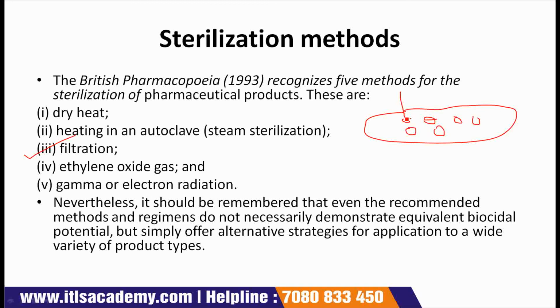If you pour a mixture of organisms, then the smaller ones will escape and collect in this particular vessel, while the larger organisms will be trapped here. And this is how the filtration sterilization method works.